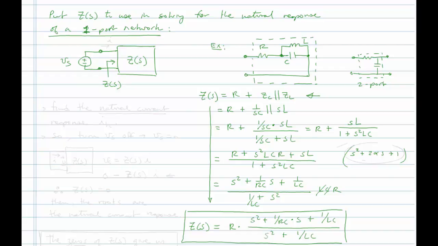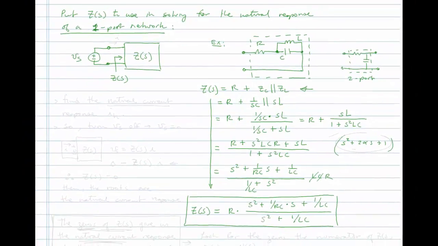Then you'll be able to spot the s values, if you're looking for them, to find the e to the st form, the functional form of the voltage or current response. So take some time and look over what I've done here. The thing to guide you is that we want to put things into a standard form if possible. What I mean by standard is s squared plus 2 alpha s plus 1.